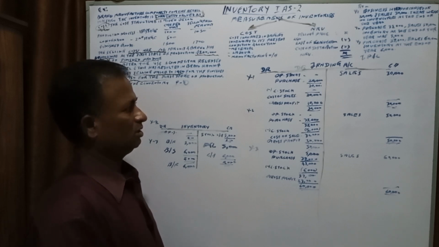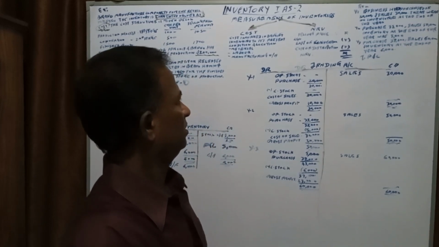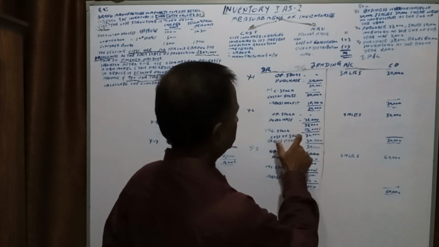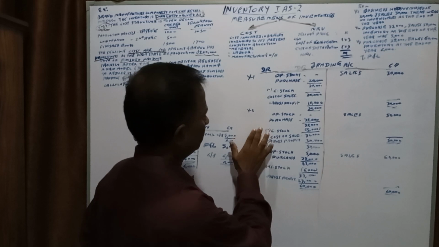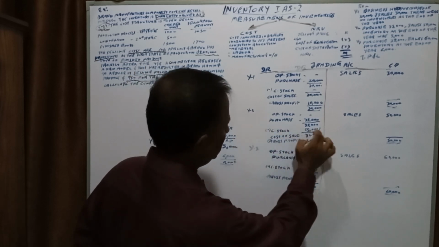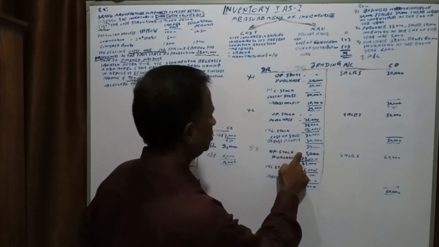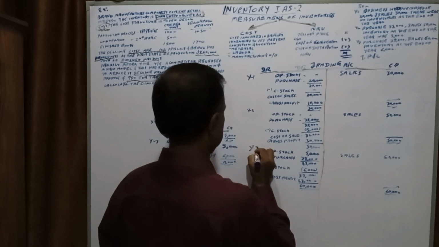Right? Here you have to see the difference, because if it is 5,000 closing stock, the closing stock of the previous year will become the opening stock of the subsequent year. That is year 3.